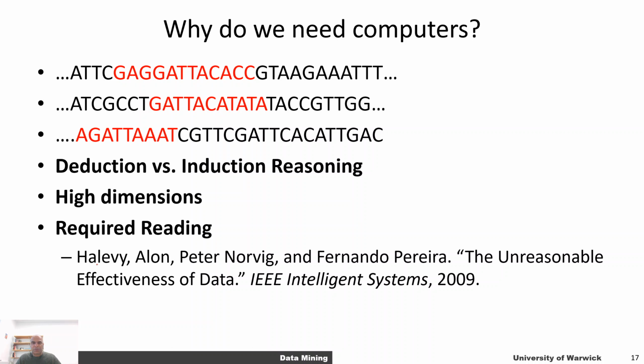If I ask you to identify what part of the DNA of one person is the same as another part of the DNA of another person, you would be looking at these strings and trying to match them up, and it's going to get really boring really fast. It's going to be tedious, and the chances of a human making errors are going to be much larger. And that's where computers come in.